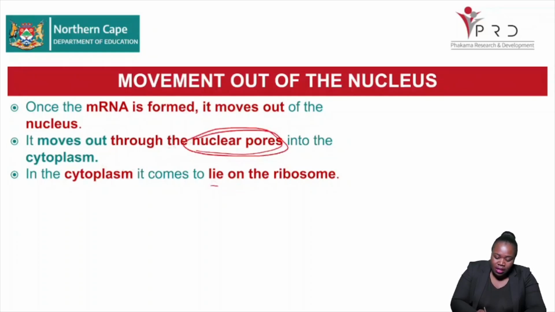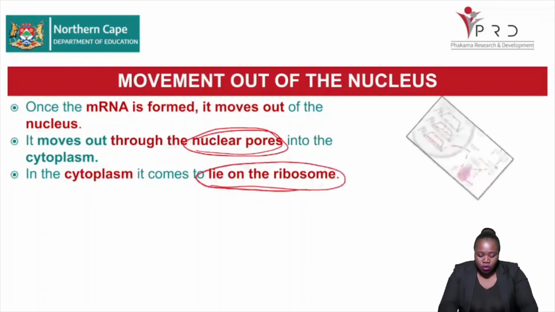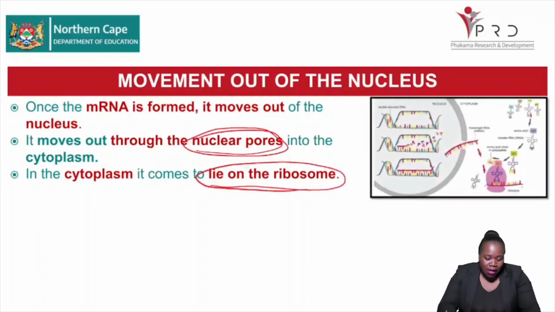Remember, in the cytoplasm, it will attach itself onto the ribosome, or it will lie on the ribosome. What we are talking about here is what we can see on this diagram, whereby we can see that the double-stranded DNA is forming the mRNA. This mRNA then leaves the nucleus into the cytoplasm.